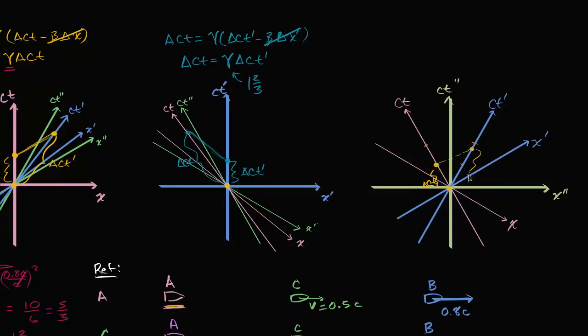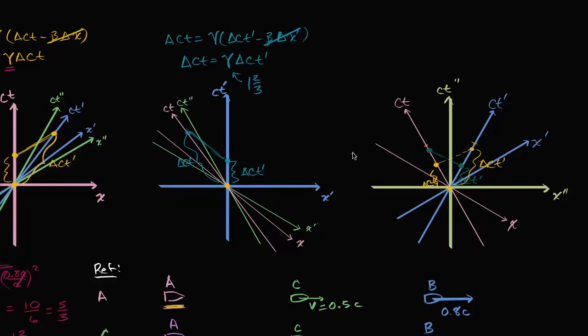So that is your change in CT prime. And likewise, if you have that other event that I drew in that blue-green color right over here, this is your change in CT prime. Then if you think of it from A's frame of reference, we just follow the x-axis, not the x prime. We go parallel to it. We end up right over there.